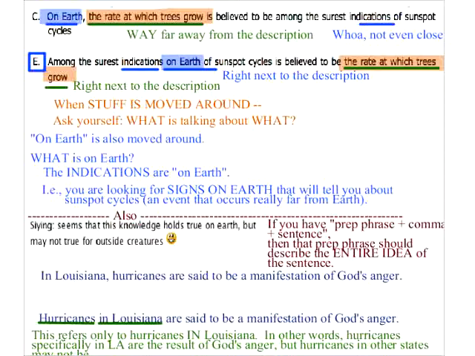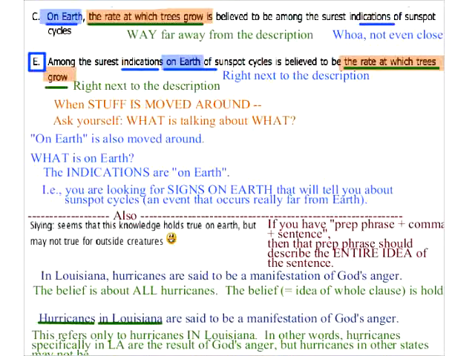So the belief is about all hurricanes, but the belief, which is the idea of the whole clause, is held by people in Louisiana. Let's fix that typo.